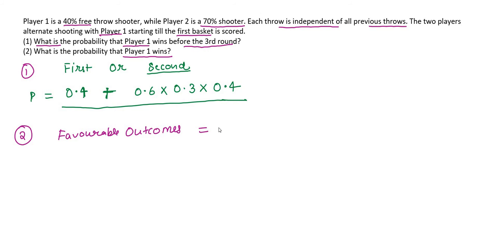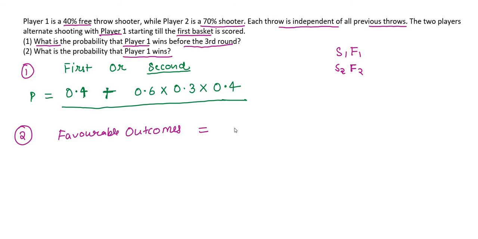So the first favorable outcome is that player one wins. Let the win of player one be denoted by S1 and its failure denoted by F1, and the win of player two is denoted by S2, and the failure of player two is denoted by F2.